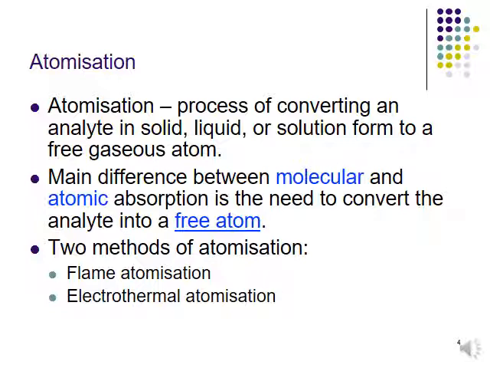As you can see, for the flame, they use a real flame, and for the electrothermal, they use a hot plate that can atomize all the sample to become atoms.